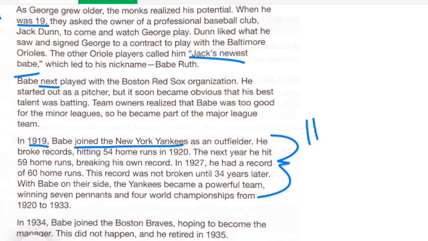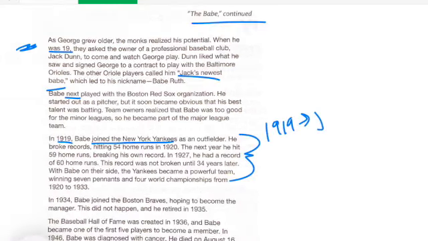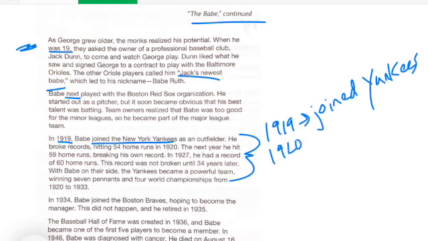oh geez, if I could write properly, 1919, he joined the Yankees. And then in 1920, can't write today. 1920, he hit 54 home runs.